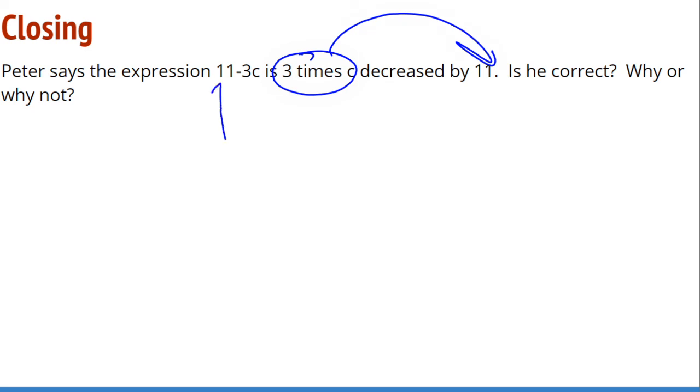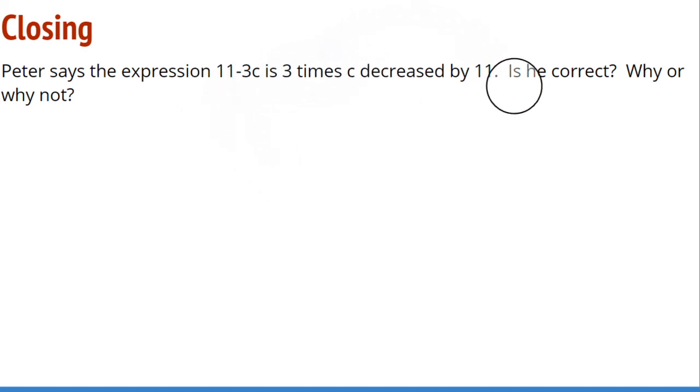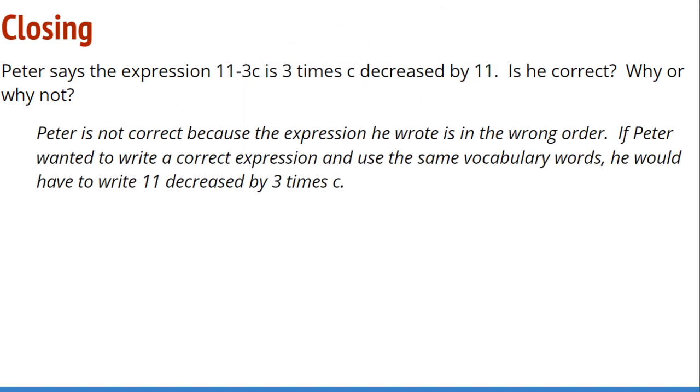This problem is saying you've got the 11 and then you need to decrease it by this product over here. He's kind of got it backwards. Peter's not correct because the expression he wrote is in the wrong order. If Peter wanted to write a correct expression and use the same vocabulary words, he would have to write 11 will be decreased by 3 times c.